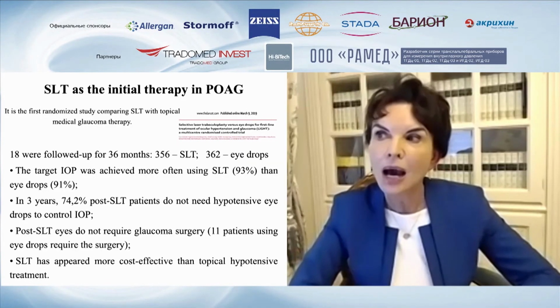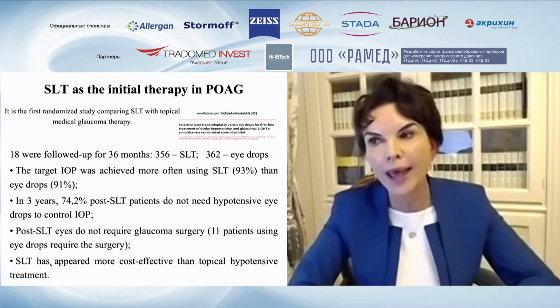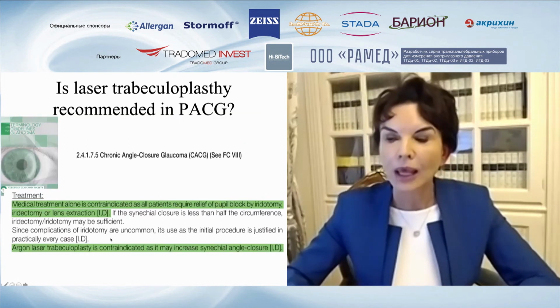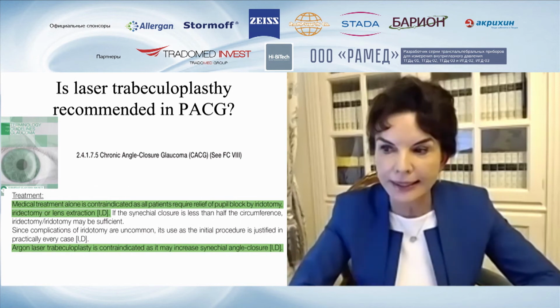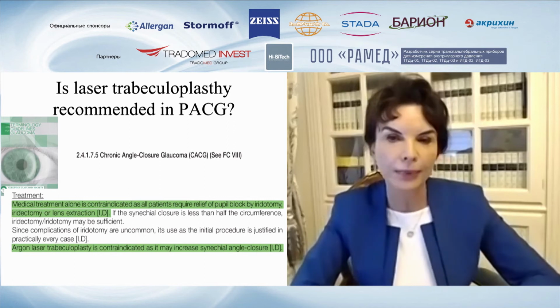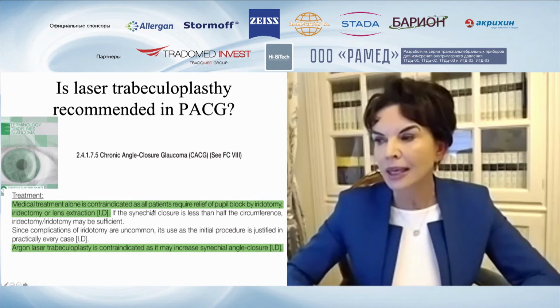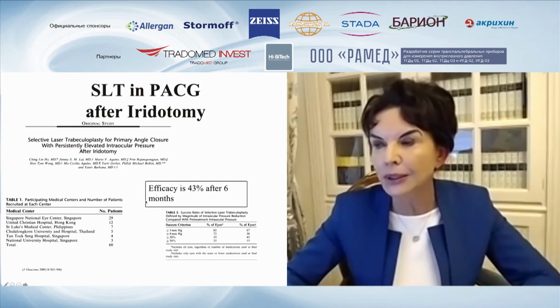We remember from the recent study that SLT may become the initial therapy for primary open-angle glaucoma with a very high efficacy. On the other hand, once again, if you look at the European guidelines, laser trabeculoplasty is not recommended. It is contraindicated in patients with primary angle closure and angle closure glaucoma.